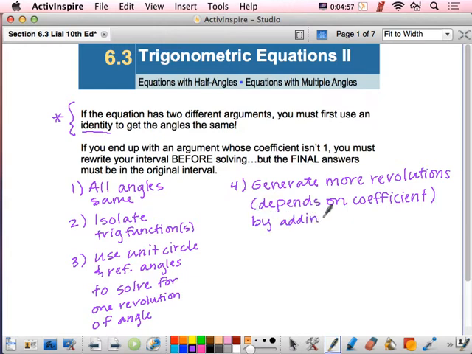2 pi if it's in radians, or 360 degrees if it's in degrees, okay? And here's what's really weird. Your last step, divide every answer by the coefficient of the angle.